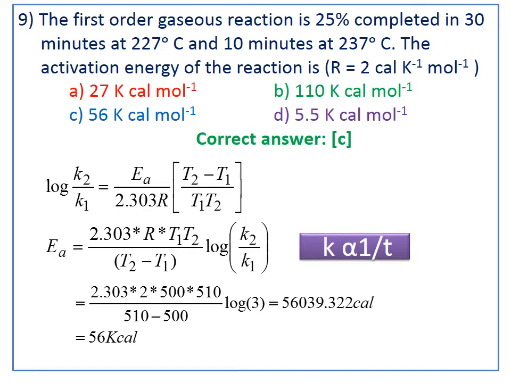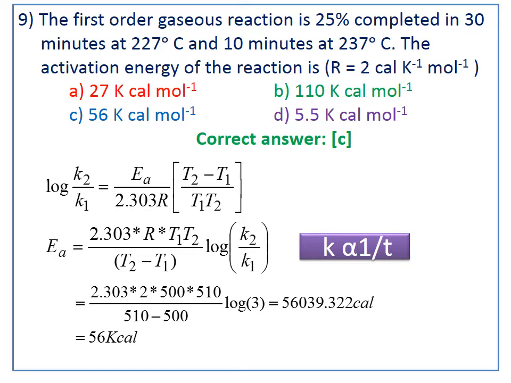You know very well the integrated form of the Arrhenius equation: log K2 by K1 equals Ea by 2.303 R into (T2 minus T1) by T1 T2. Rearranging the equation, we can calculate Ea. Ea equals 2.303 into R into T1 T2 divided by T2 minus T1 into log of K2 by K1.